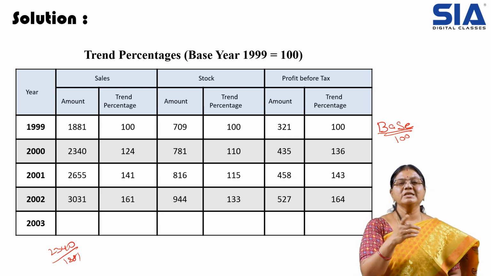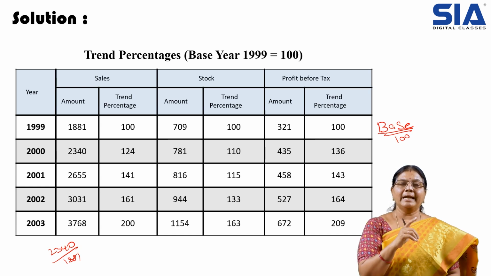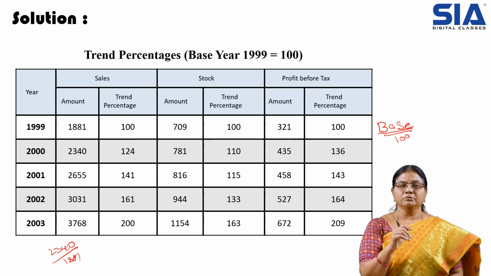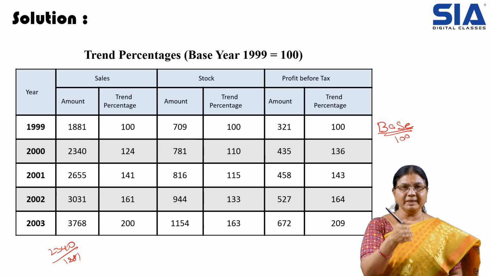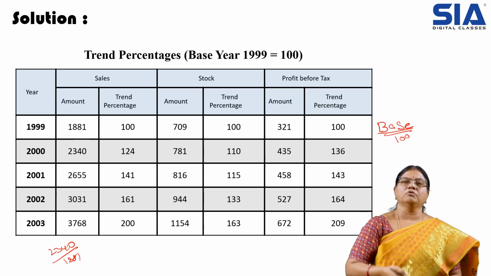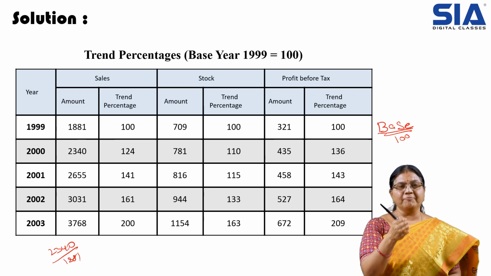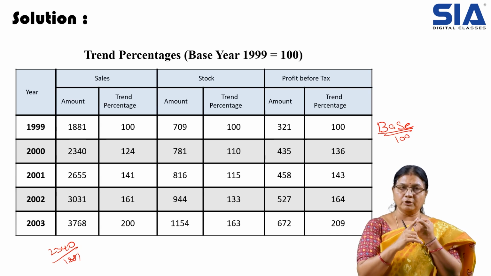Then for 2002, these are the values given: 161%, 133%, 164%. And for 2003, it is 200%, 163%, and 209%. Now you can understand whether it is going in an upward or downward direction. As per the given data, sales is moving upwards.